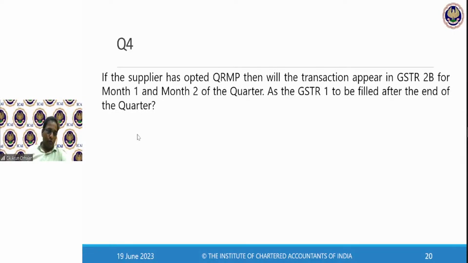If the supplier has opted for QRMP, then will the transaction appear in GSTR-2B for M1 and M2, because the supplier will file the GSTR-1 only after the end of the quarter? I expect from each one of you that you will tell me the technical name by which it is possible.